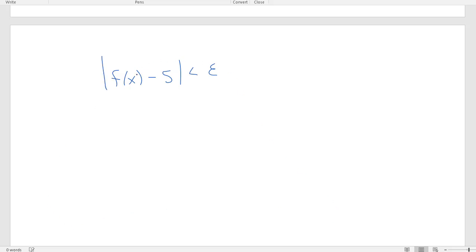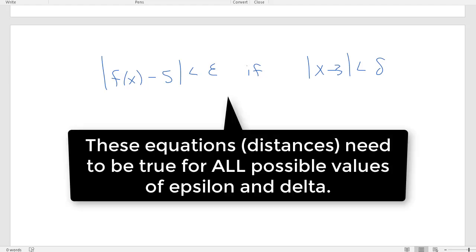And we want this y value to be a distance epsilon from 5, any value that we choose, and we're going to have to choose the x value to be some distance delta. So these are our arbitrary values.